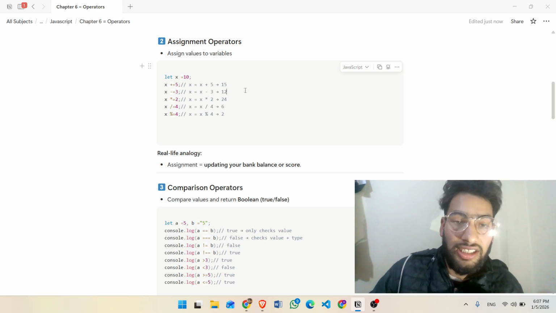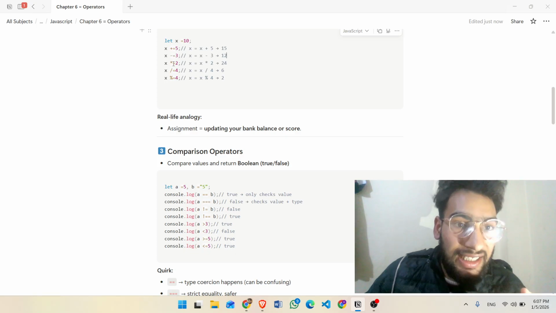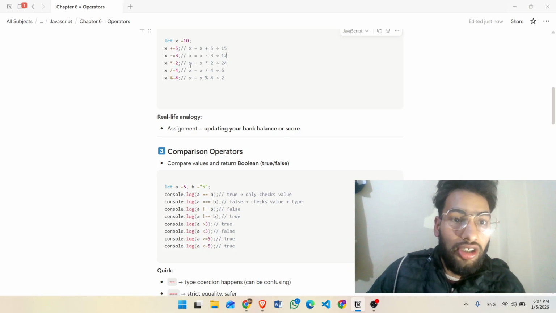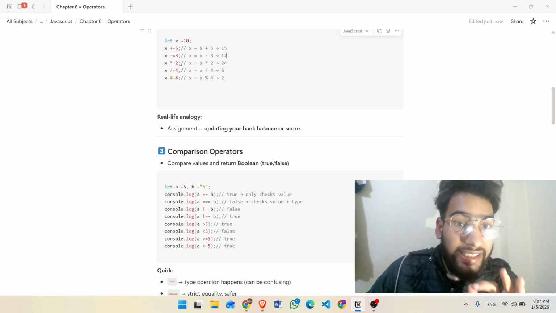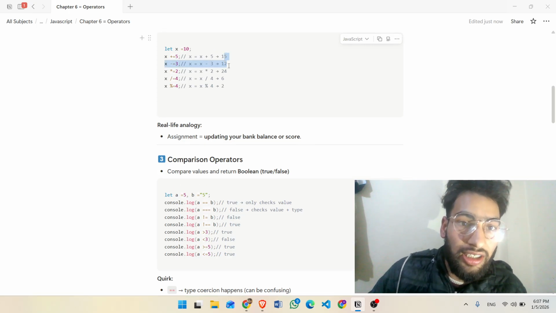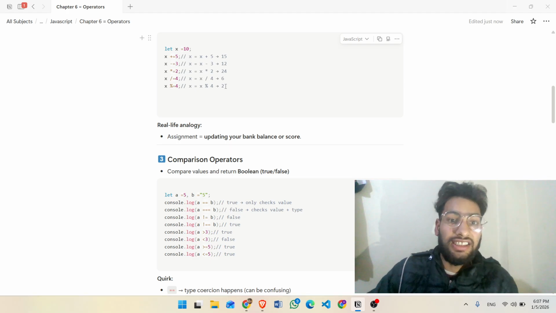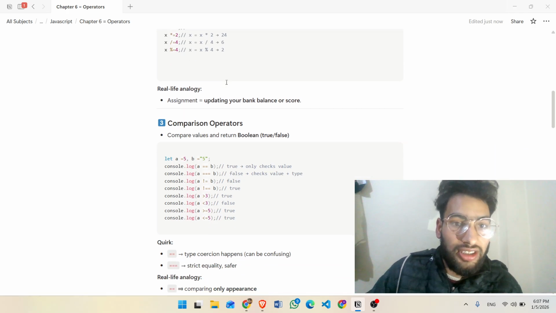That's why it is giving us 12. And x times equals 2: the value of x is 12, and 12 into 2 is equal to 24. Like that it works.